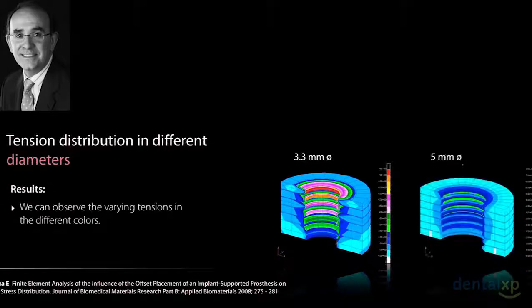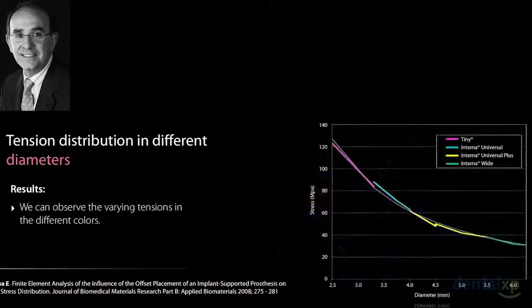The distribution in the narrow implant is completely different, in that at the moment we increase the diameter of the implant, the distribution of the tension in the bone decreases drastically. And we can observe that always the first threads receive the maximum tension. For that reason, it is very important to analyze that when we increase the diameter of the implant, the tension decreases drastically until a limit where the tension remains more or less the same.